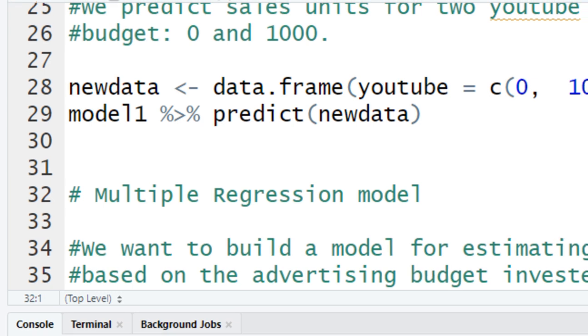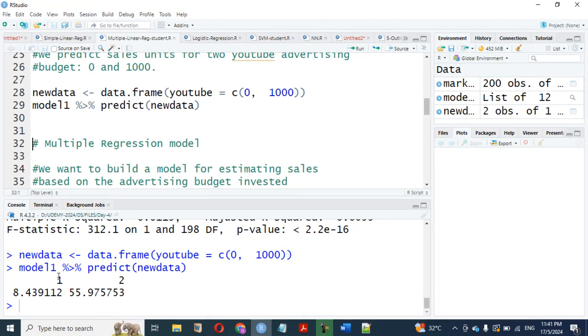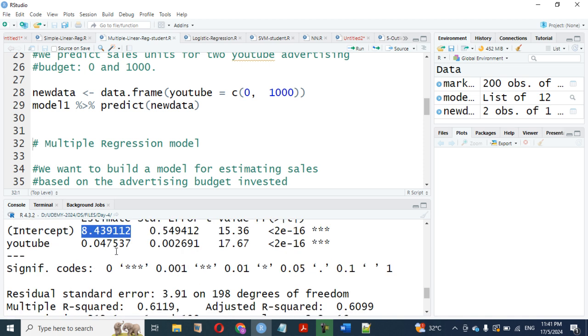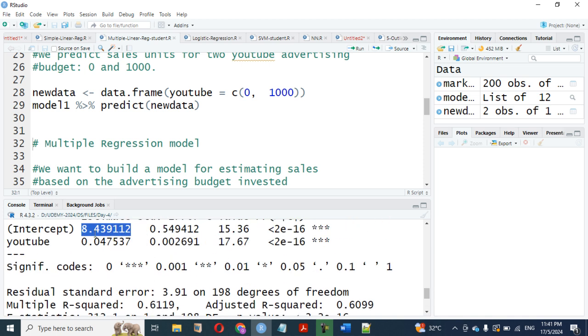So if you check our result very well, you see that we got the same answer here for this intercept, 8 point something. So this one is basically for 0 units. It's talking about 0 units of YouTube. That's what we got here.